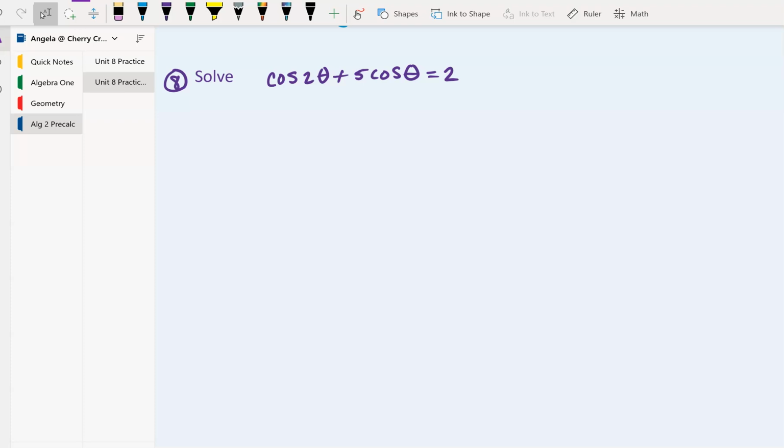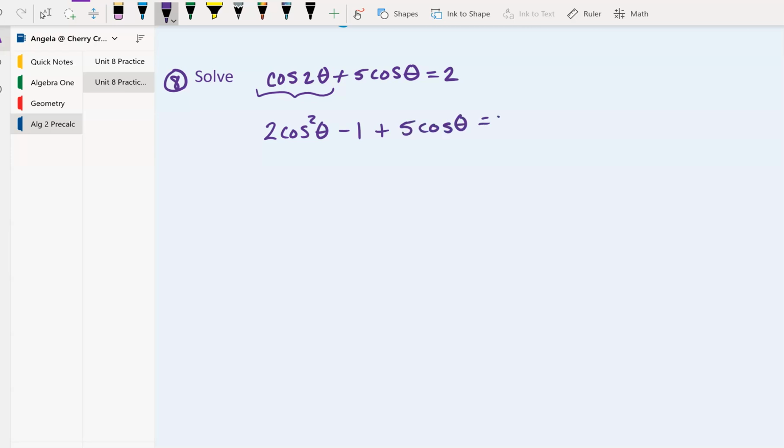Okay, something that you might notice right here is your cosine of 2 theta. And we just used, back in this other problem, an identity for a double angle formula that used cosine squared, all right? So I'm going to go ahead and make a substitution here for cosine of 2 theta, and I'm going to change it to 2 cosine squared of theta minus 1, and then I'm going to just write the rest of my equation out here.